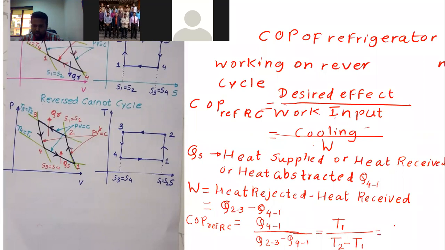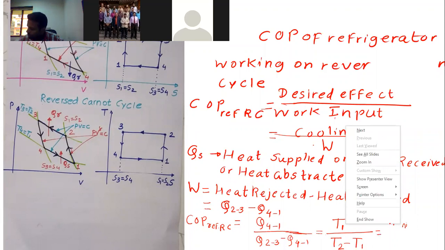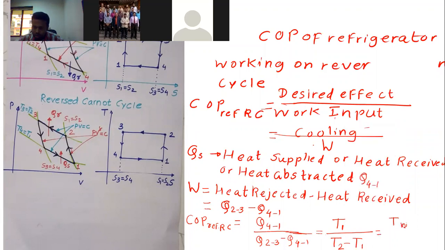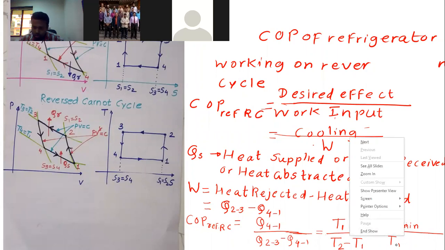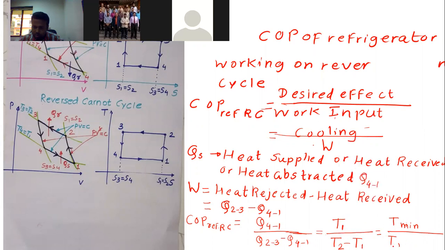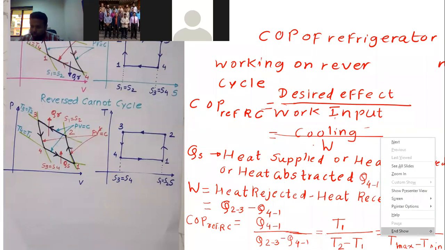So further you can write the formula as T minimum divided by T max minus T min.